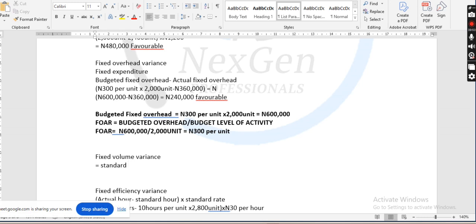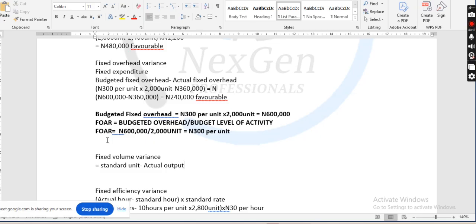Standard volume. Volume means output, is that not so? Volume means what? Outputs. Standard units, right, minus actual output.